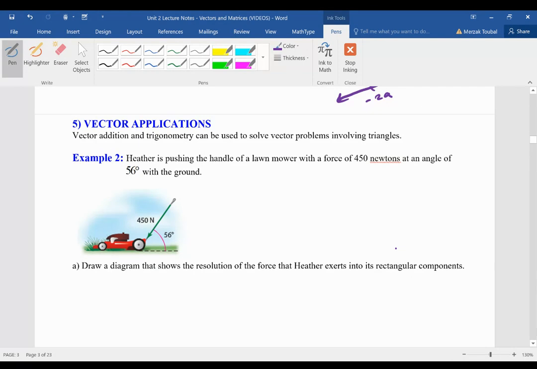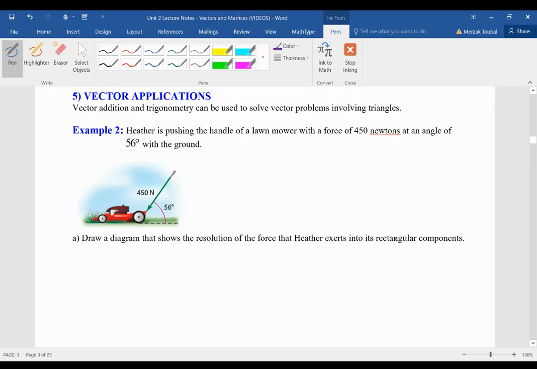All right. Finally, let's look at vector applications, which is kind of our objective. Vector applications means how we can use vectors to solve problems. Vector addition and trigonometry can be used to solve vector problems involving triangles.